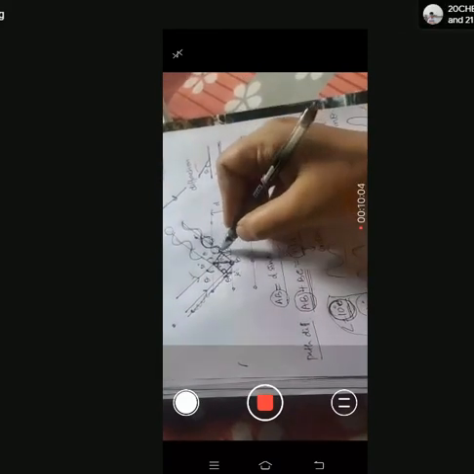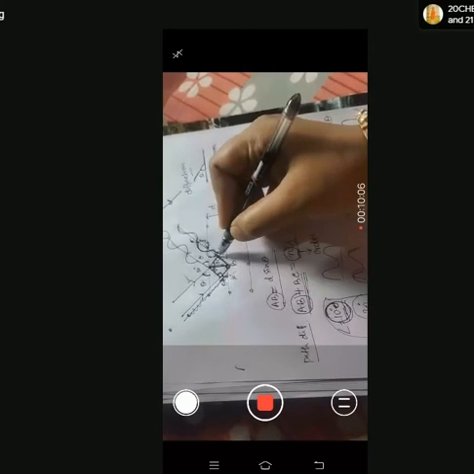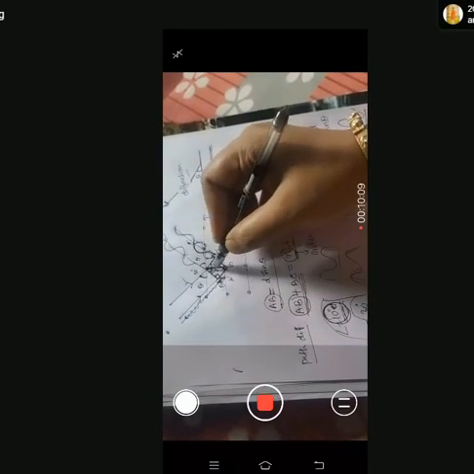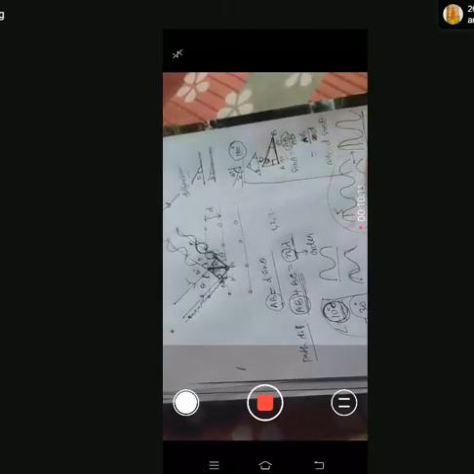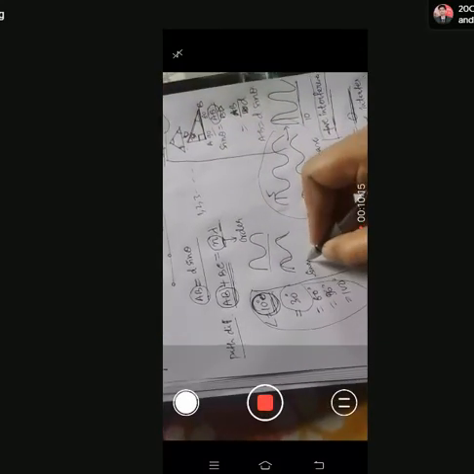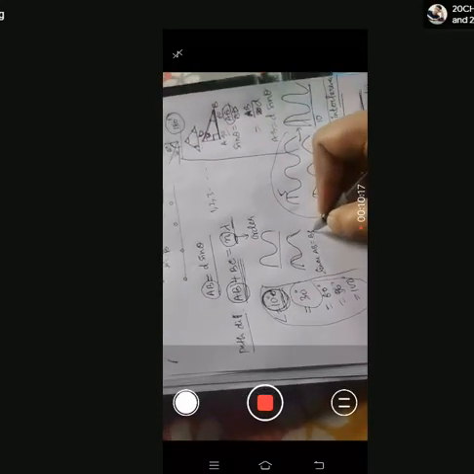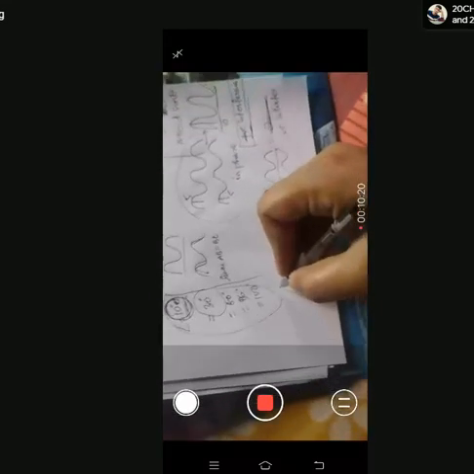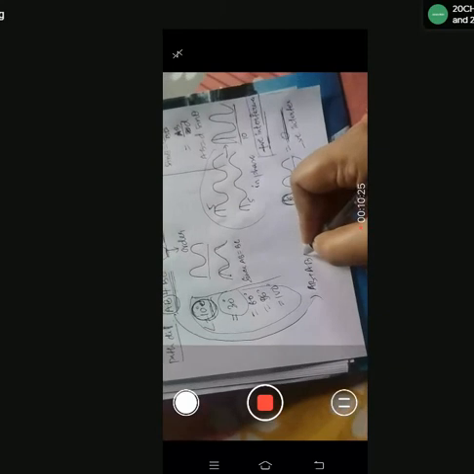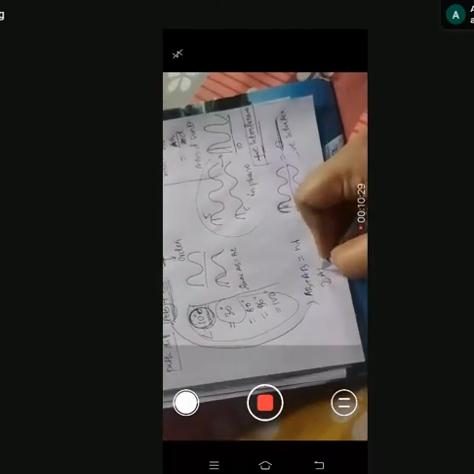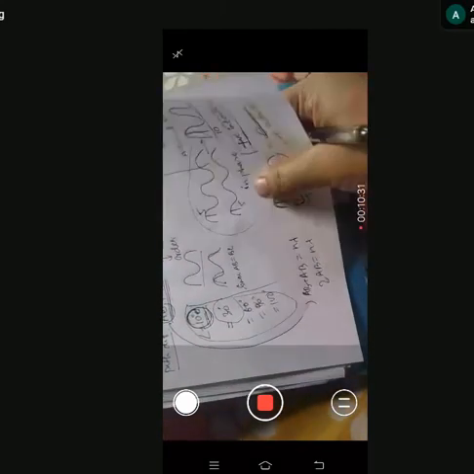So BC, similar to AB, is also D sine theta, because D is the interplanar distance. Since AB equals BC, we can write AB plus AB is n lambda, so 2AB is n lambda. What is the value of AB? It is D sine theta, so 2D sine theta equals n lambda.